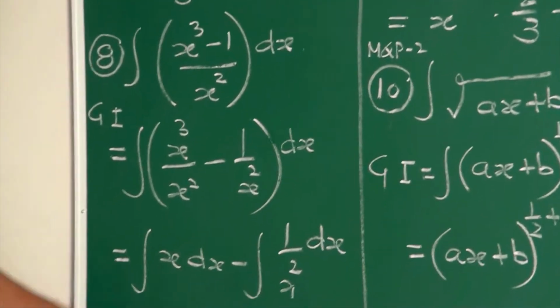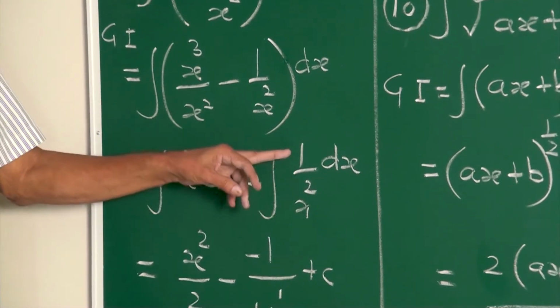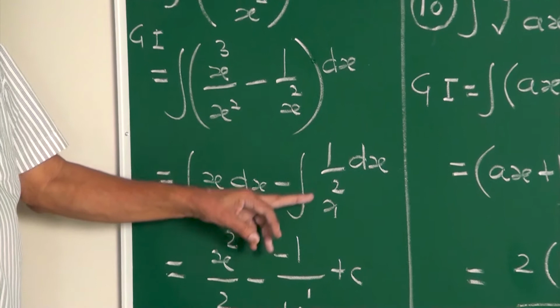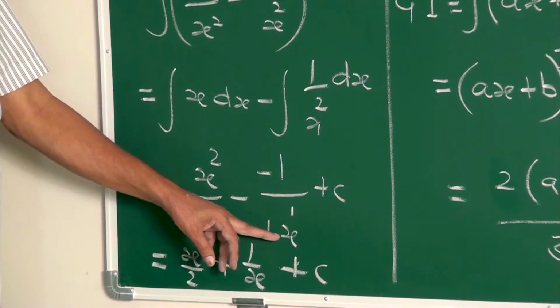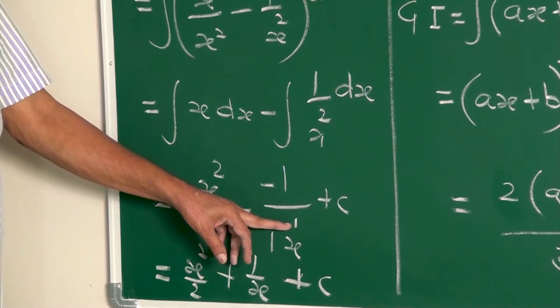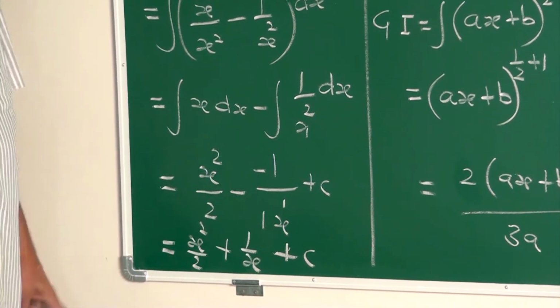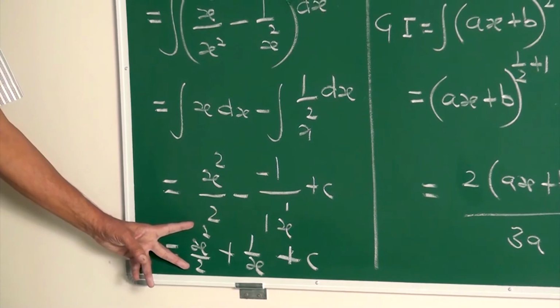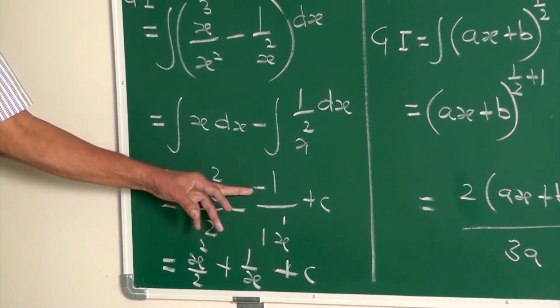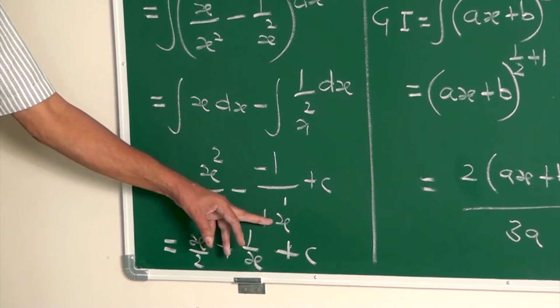My friends, you are using the same here. What is it? The power is 2. It becomes minus 1 upon 2 minus 1, which is 1, times x to the power 2 minus 1, that is n minus 1. The coefficient and power are the same. Simplify: x squared by 2, and with this minus it becomes plus 1 upon x, plus c.